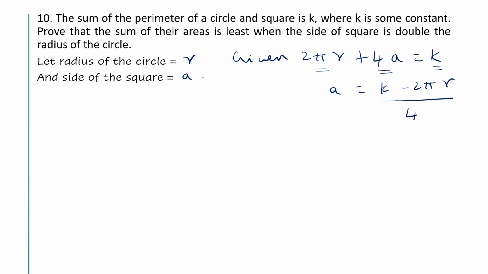Now we have to minimize the combined area. We have to find the sum of their area which is least.